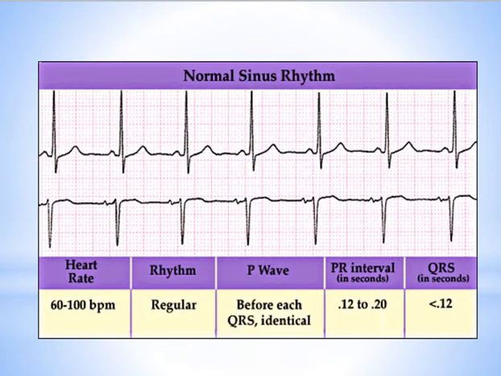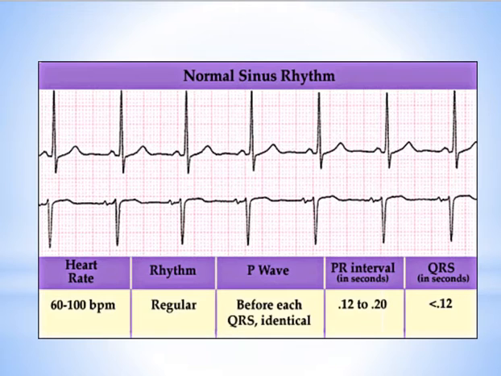So with this one, in a nutshell, this is normal sinus rhythm. We've got P, QRST, P, QRST. We have one P wave for every QRS. Each P wave looks alike. We have T waves. Our heart rate is 60 to 100.